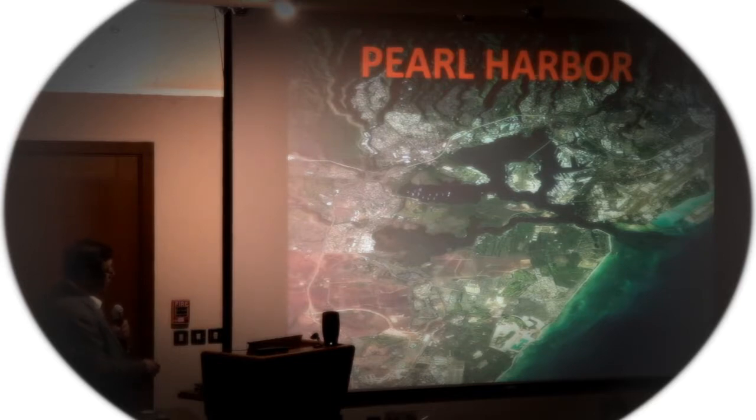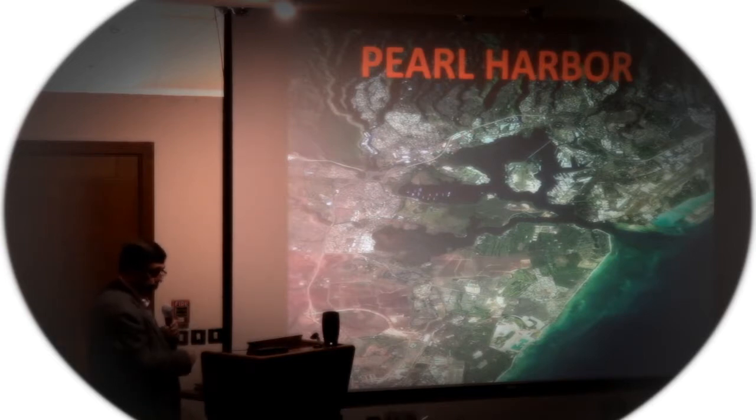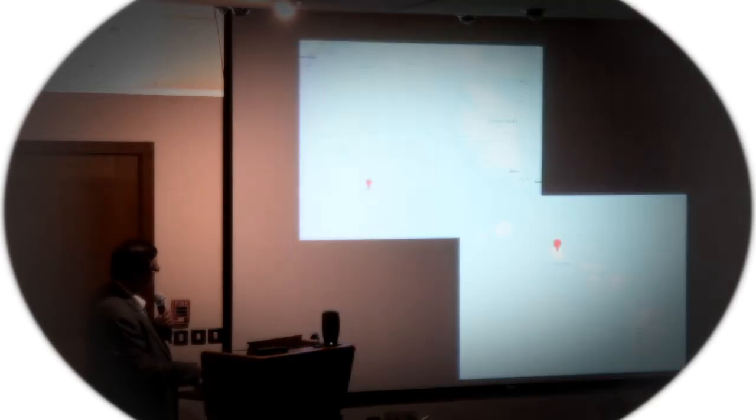This is in Hawaii, and this is one of the islands. Look at this place here, dug deep. You look at the color of the water; it's very deep. So it used to be called Pearl Harbor because the locals used to dive and fish for pearls. But Pearl Harbor came to acquire a very infamous history.